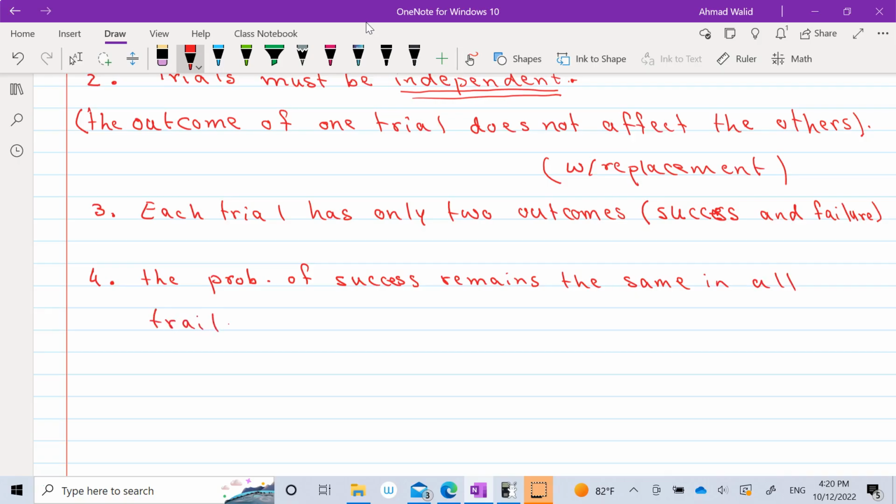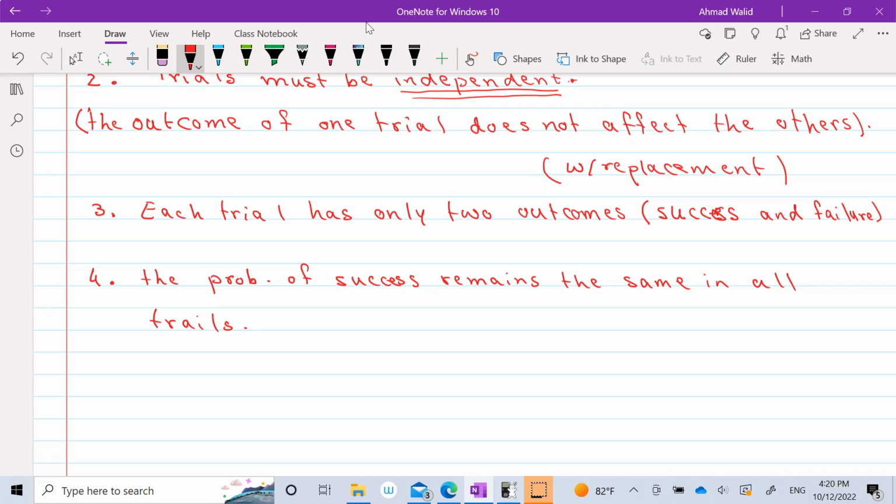You can say it different ways. You cannot change the probability of success. Soon I will do an example and you will see we are not changing the probability of success through the procedure.